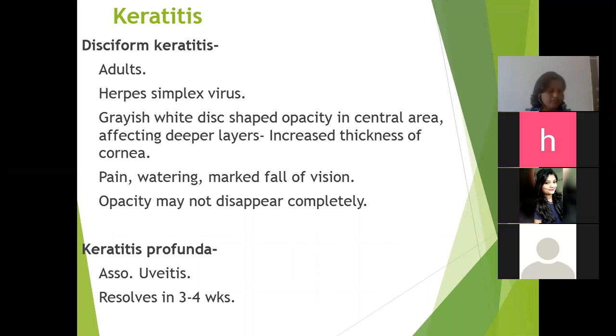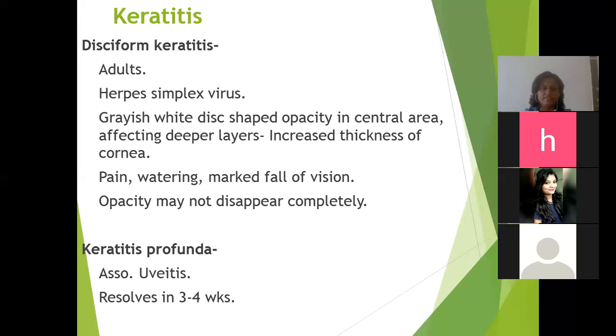Then disciform keratitis. So disciform keratitis is a deep keratitis with a disc-like edema mainly caused by herpes virus and sometimes due to the vaccinia and herpes zoster virus.